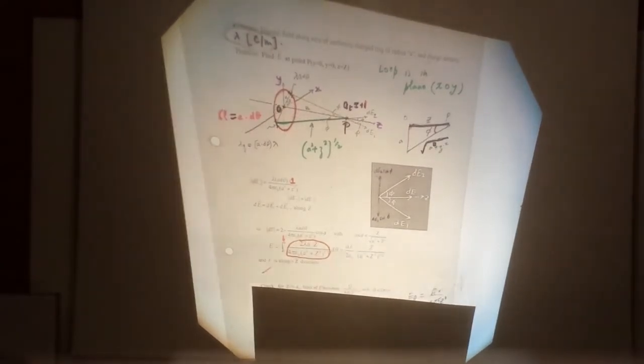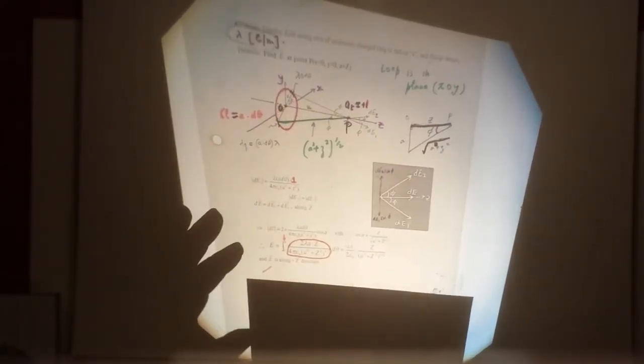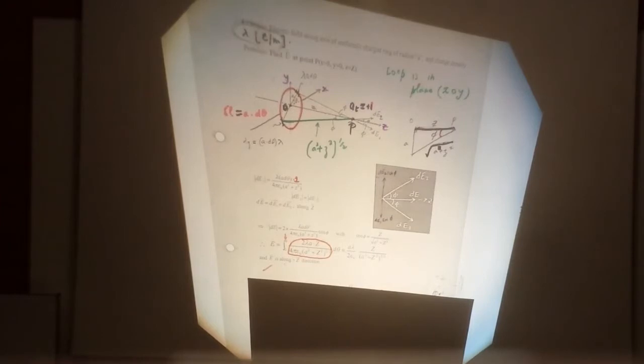So think. Now, let's check whether the answer is correct or not. Does it make sense or not? So, if I take the point P, I go very, very far away from the ring of charge. In other words, when the distance Z is much bigger than the radius A, I apply a limiting case.